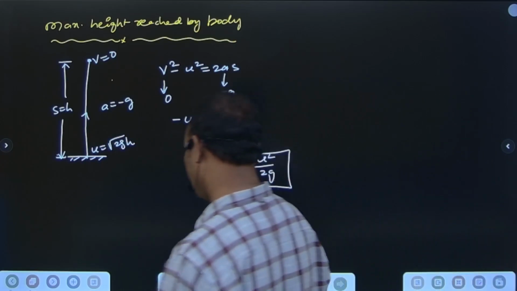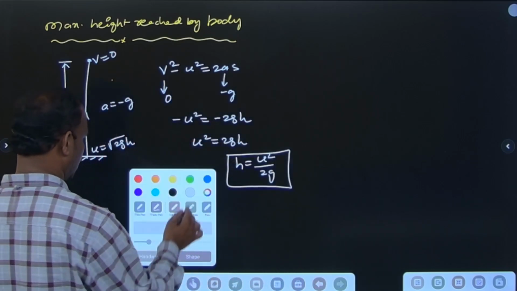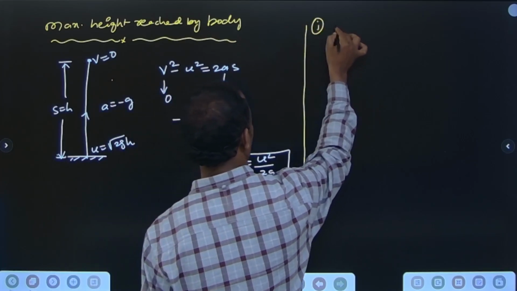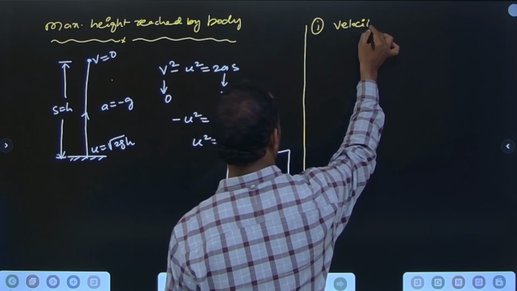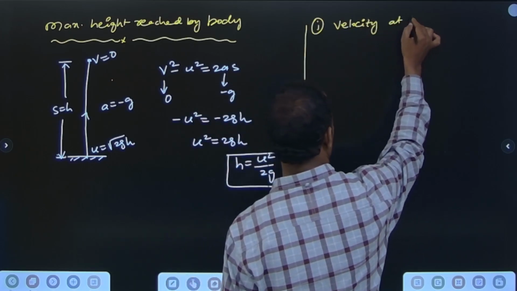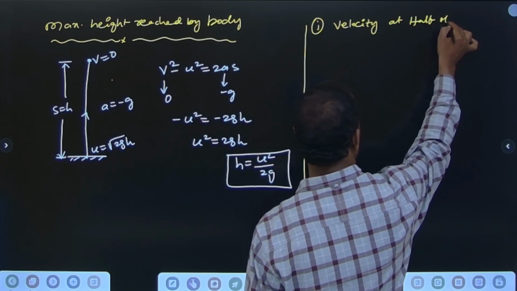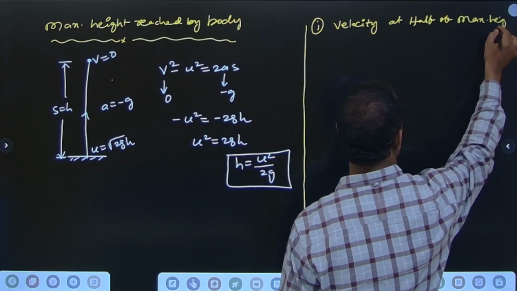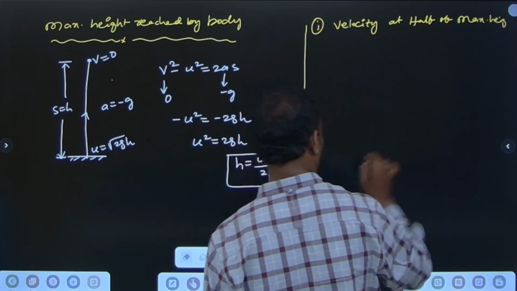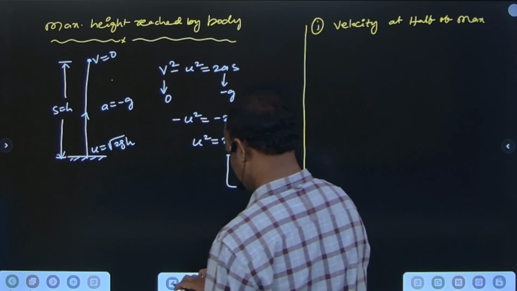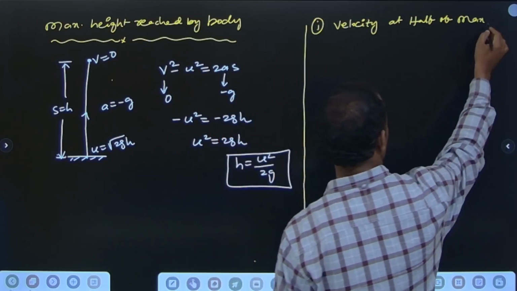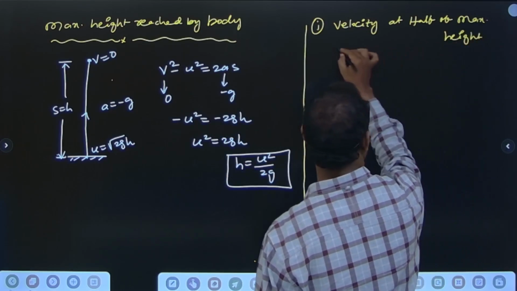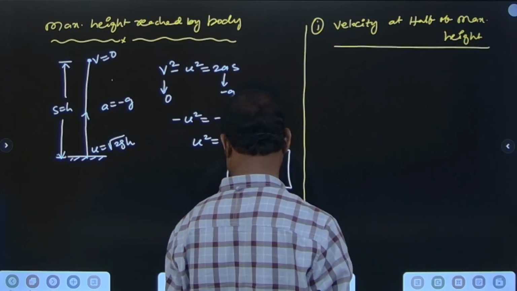Questions like these will be asked. I'm showing one case, the velocity at half of maximum height, and the remaining you can do yourself.